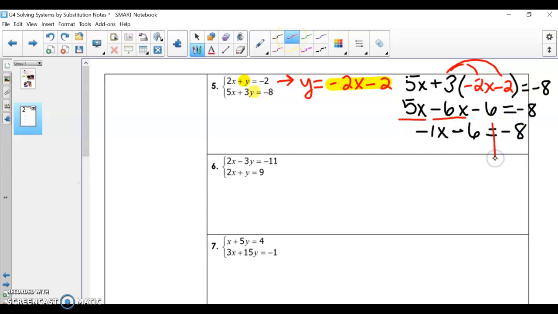So move your friends, move your family. In this case, you got to move the 6 first. So -6, I'm going to change it to +6, +6. All right, these cancel. Bring down your -1x. Or your -x, whatever you want to do. And then on the right side, you have -8 plus 6, which is going to be -2. All right. And then my last step here to solve for x is going to be divide.